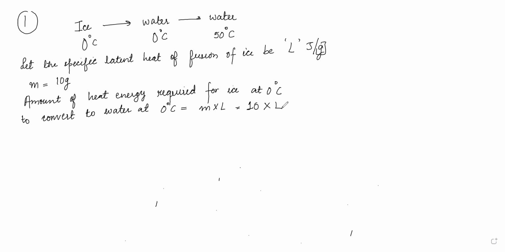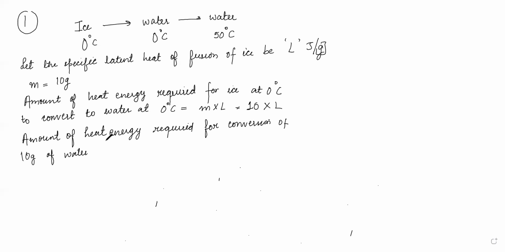Okay, and the next thing that you will write is the amount of heat energy required for conversion of 10 gram of water at 0 degrees Celsius to, how much is the temperature? 50 degrees Celsius, will be equal to, the formula is M into C into delta T. So here what is M?